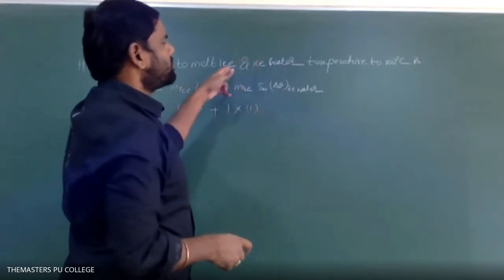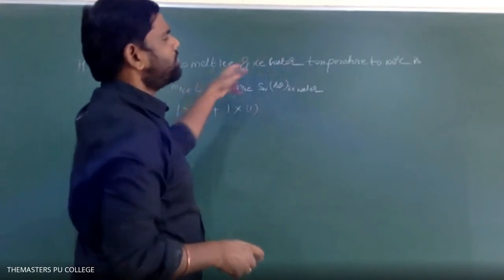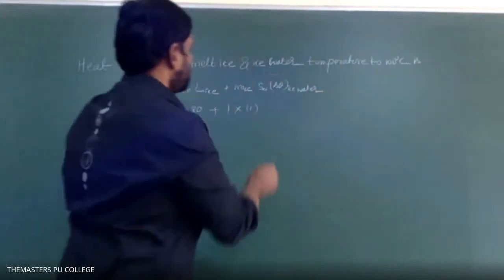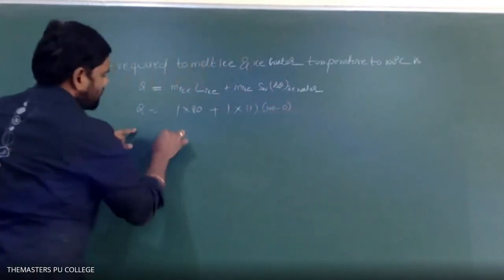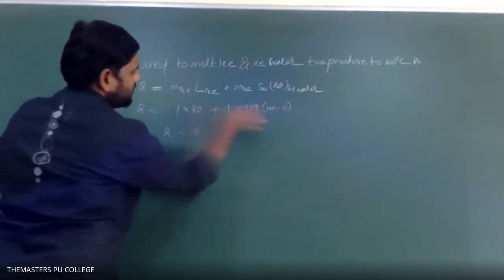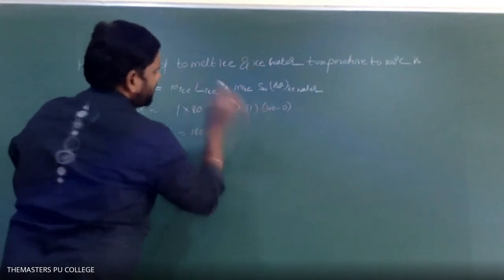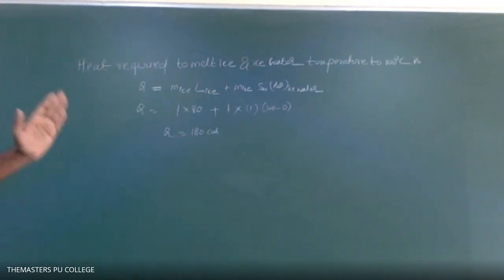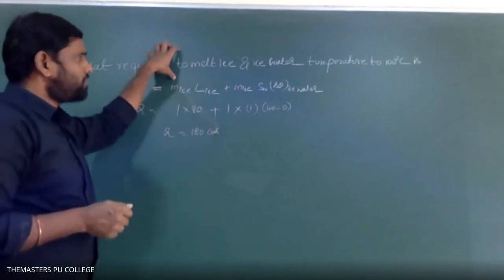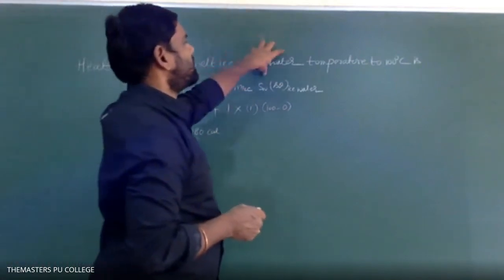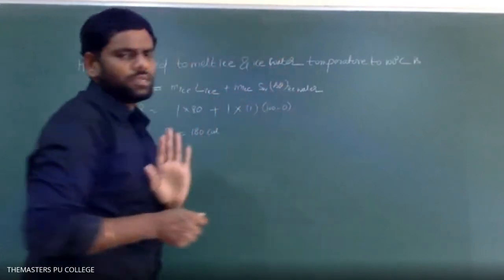Ice water is initially at 0 degrees centigrade. Now it increases to 100, so the rising temperature is 100 minus 0. So then I can write Q equals this 80 plus that 100, 180 calories. Only 180 calories of heat is enough to melt this 1 gram of ice and to raise that melted ice water temperature to 100 degrees centigrade.